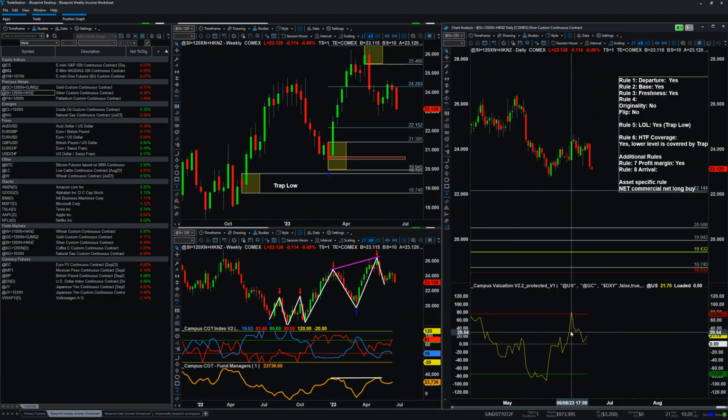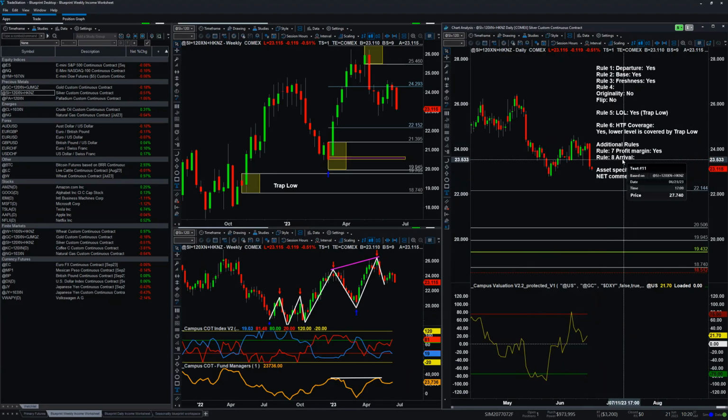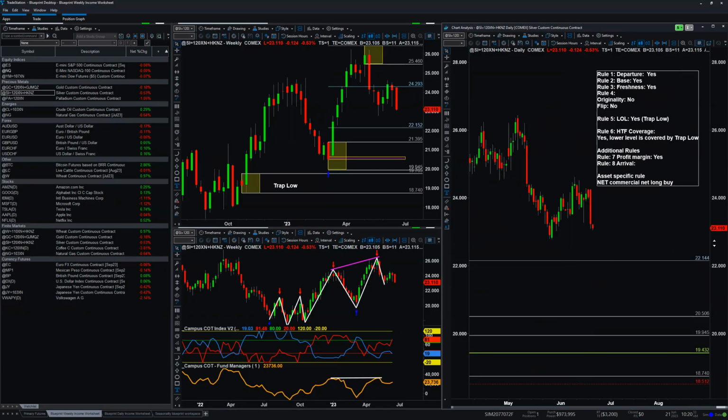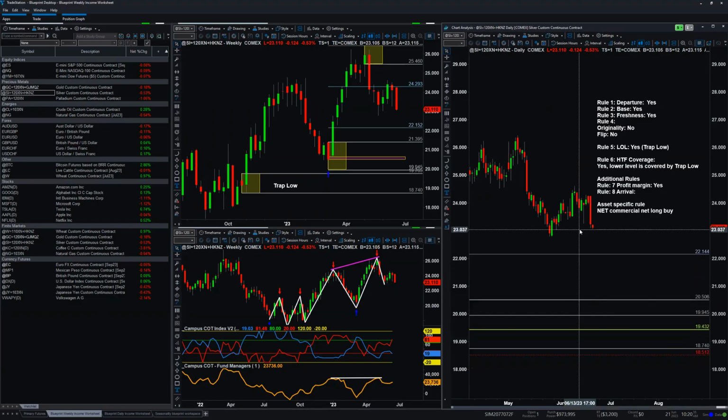So maybe this is like an additional tool for you to say, well, now it's overvalued against gold. Now I can look to short in supply if I find something on the lower time frame, maybe a daily income style entry, that would be possible. But other than that, this is not going to give you so much more information than this.